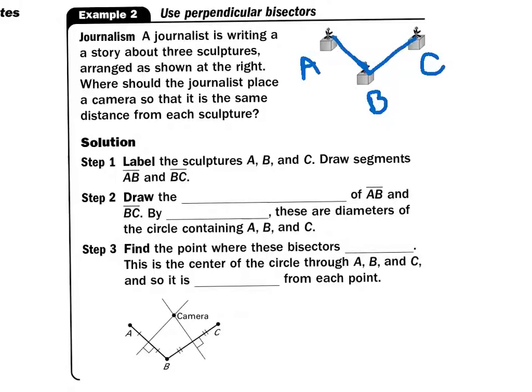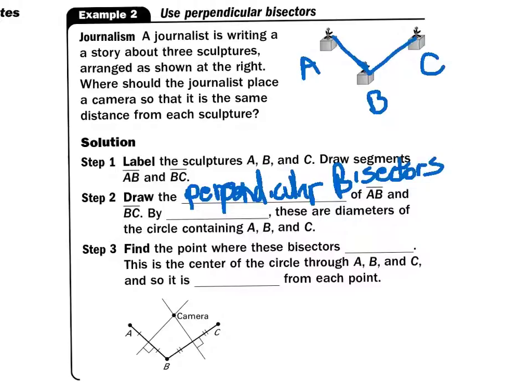Now, draw their perpendicular bisectors of A to B and B to C. Okay, by theorem 10.4, these are diameters of the circle containing A, B, and C. Let's draw this one in too.